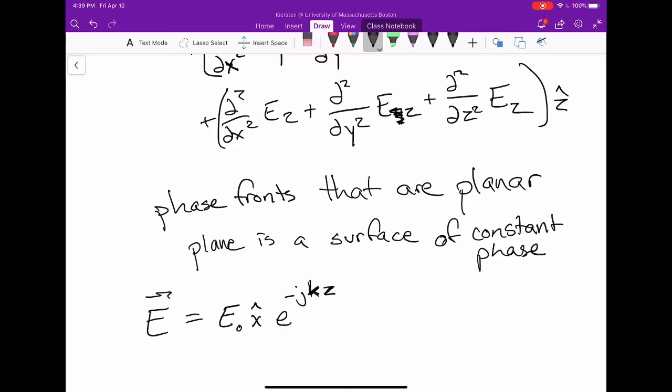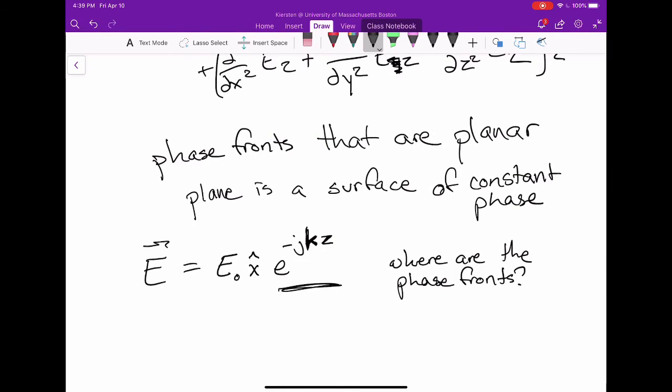Now, if we want to know where are the surfaces of constant phase of this thing, where are the phase fronts? Those are any plane of constant z. So choose some value for z, plug that in. That is a surface of constant phase, because this electric field doesn't have any position dependence. That's just some amplitude.